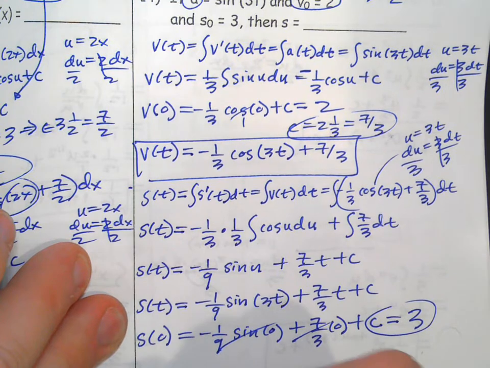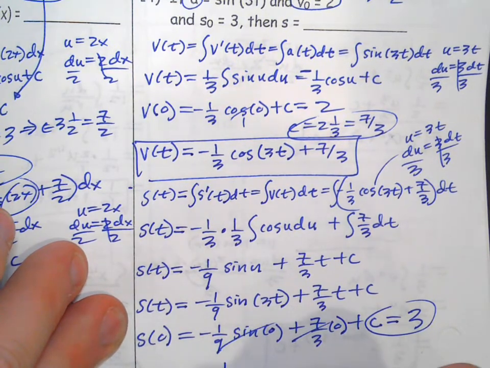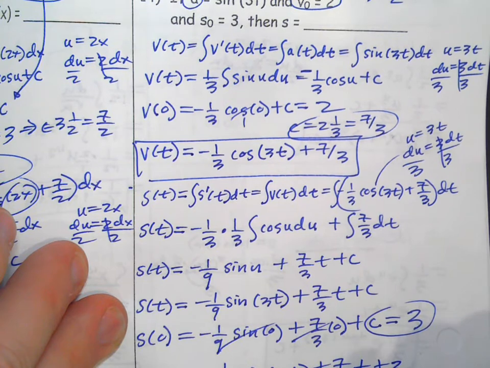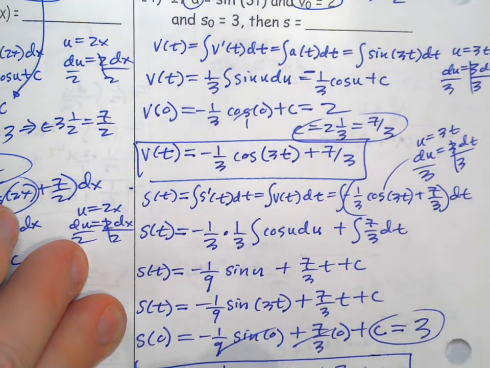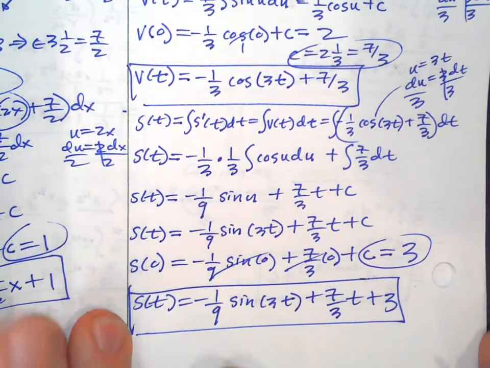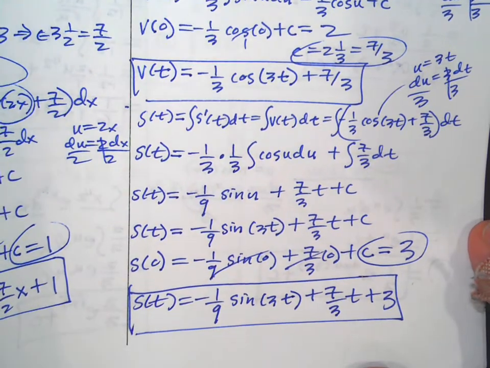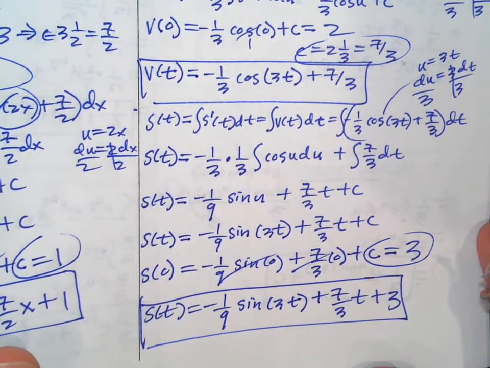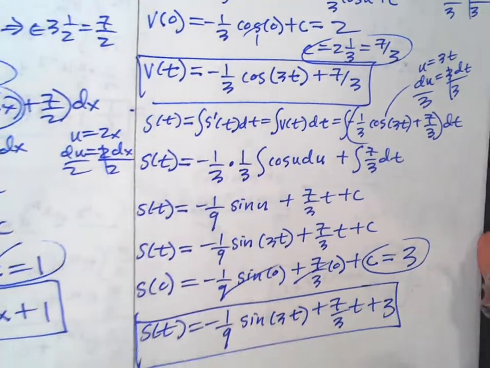Final answer, s of t equals negative 1/9 sine of 3t plus 7/3 t plus 3. Wow, that was a lot of work. You've got to undo two derivatives, finding the c values along the way. So that's it.